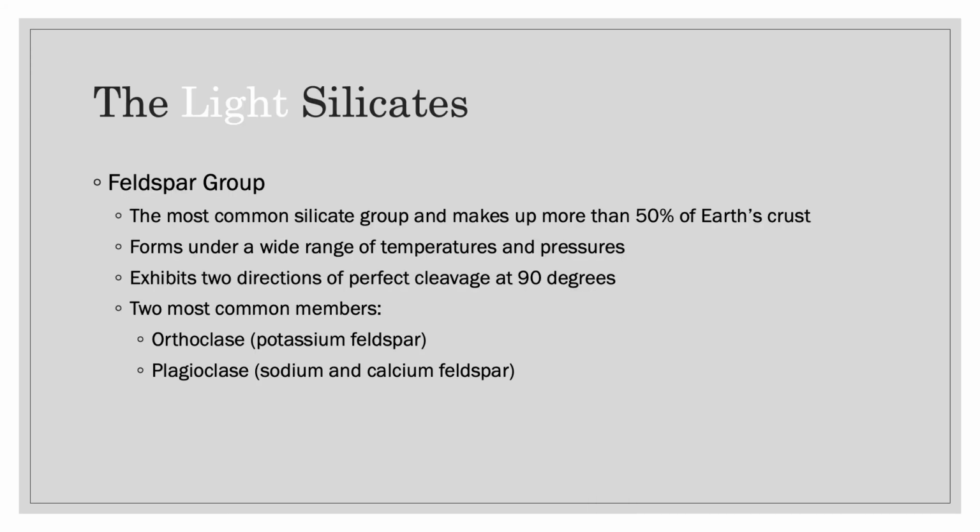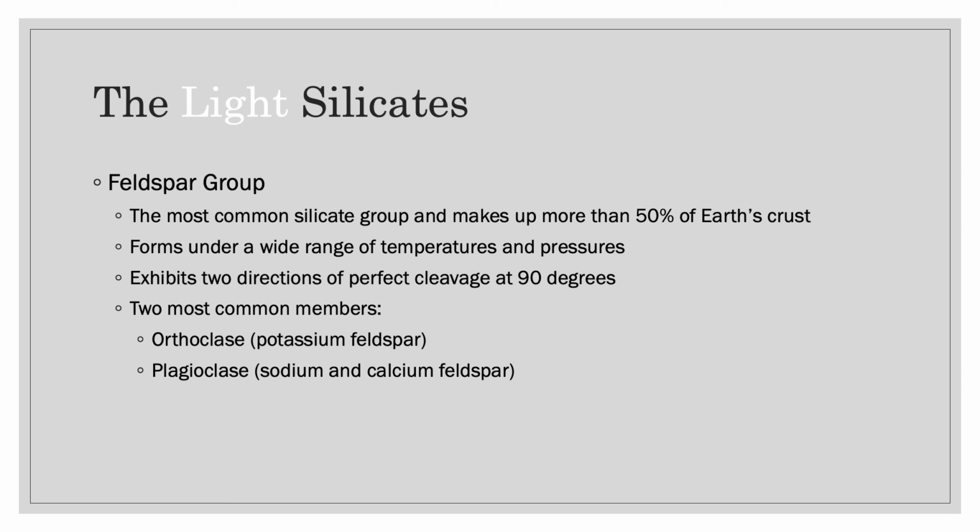On to the light silicates. So the first type of light silicates that we're going to talk about are the feldspar group. And this group is the most common silicate group and makes up more than 50% of Earth's crust. So it's extremely common, and it's good to understand and know about. The feldspar group forms under a wide range of temperatures and pressures, which is part of the reason that it's so common.